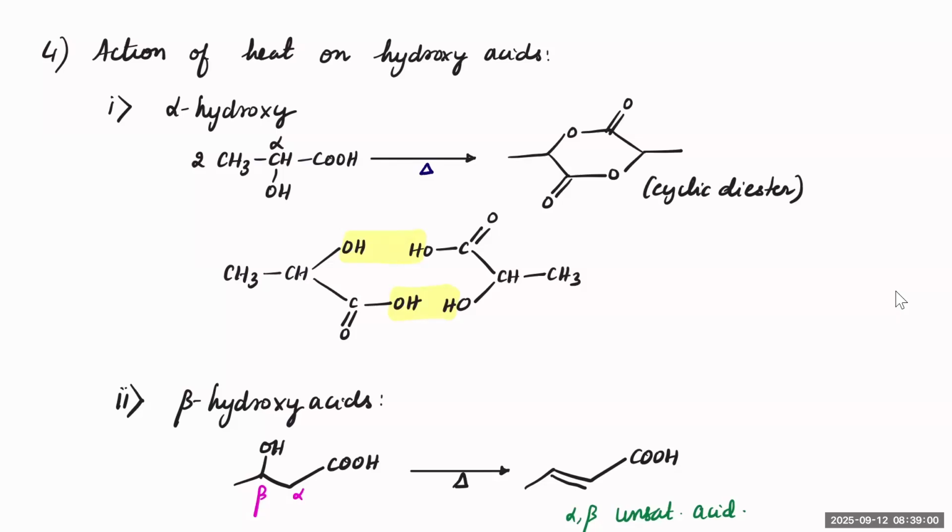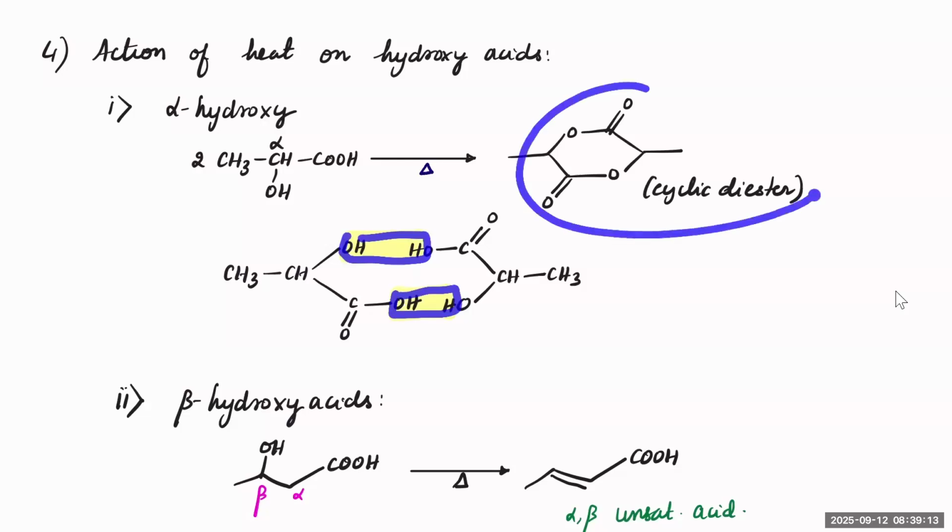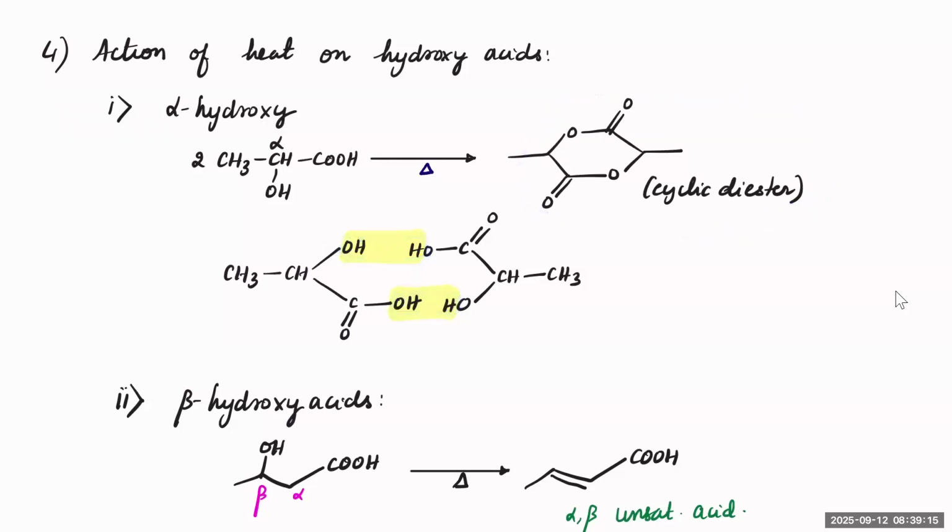You can see the alcohol from one molecule is combining with acid of another molecule. So it is an esterification. So likewise, it happens on two sides, converting that into a cyclic structure. So it will be a cyclic diester. Right, next.